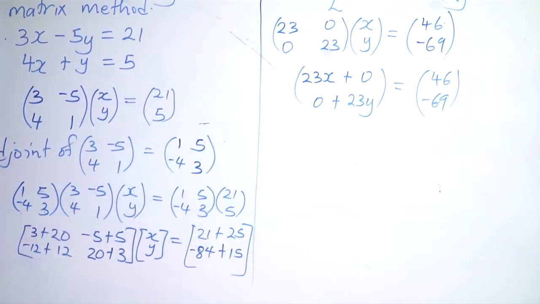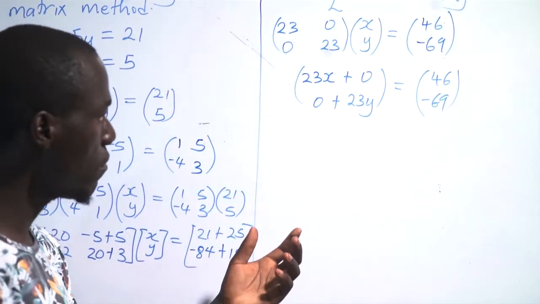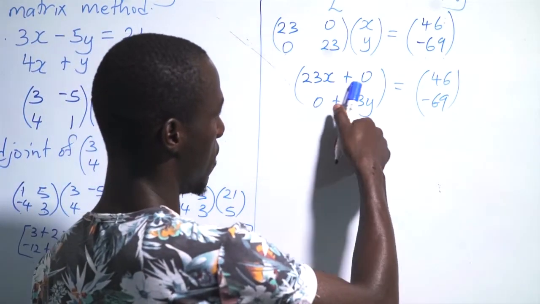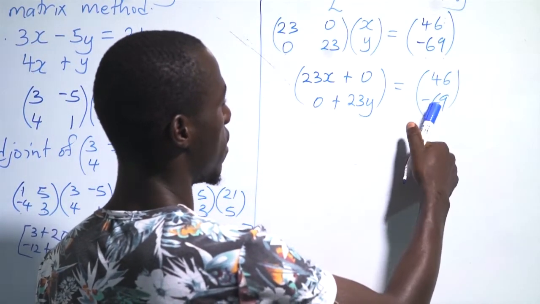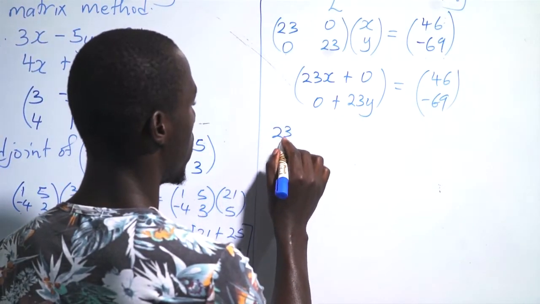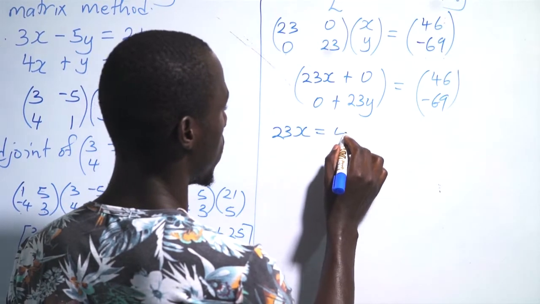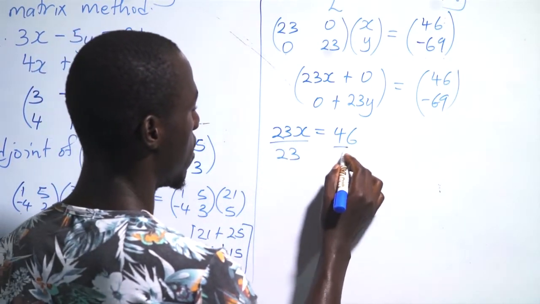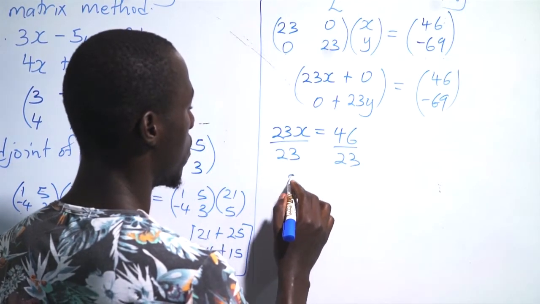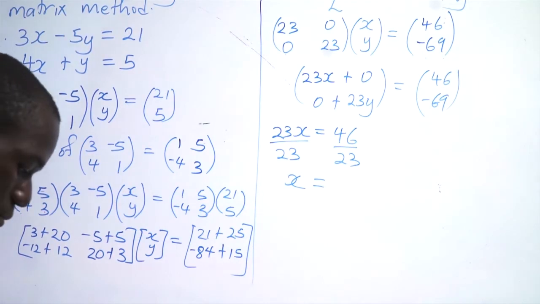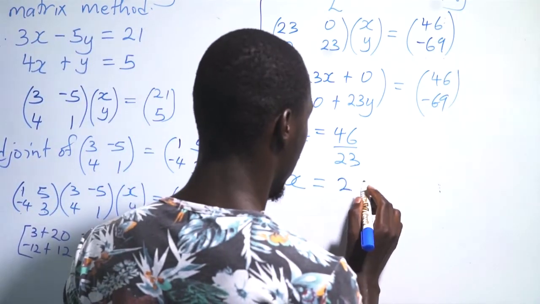Now we are having two equal matrices, that is the corresponding elements shall also be the same. So 23x plus 0, we get 23x, that is equivalent to 46. Then I divide both sides by 23. So I get my x value, when you divide using a calculator, that is a 2.